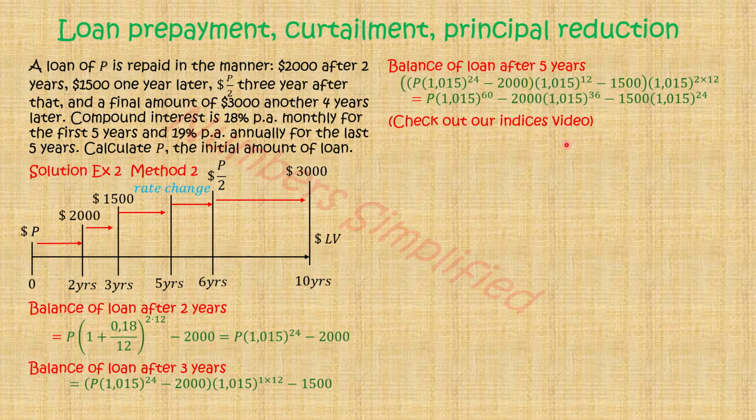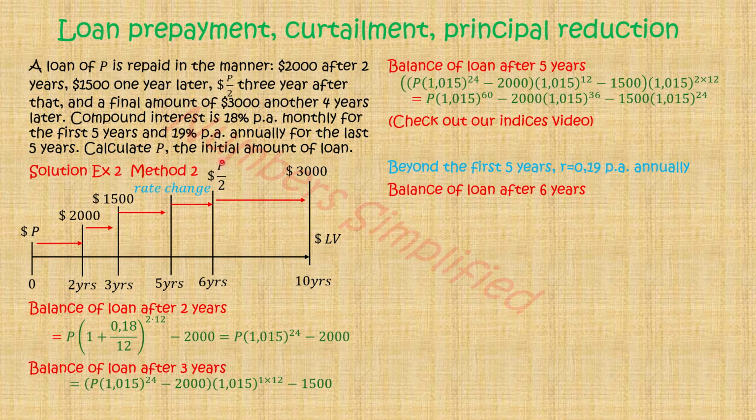Right, so beyond the 5 years, we have the interest rate being 0.19 as a decimal per annum and compounded annually. If that is the case, then we see that in the 6th year, to be precise, a payment was made of P over 2.